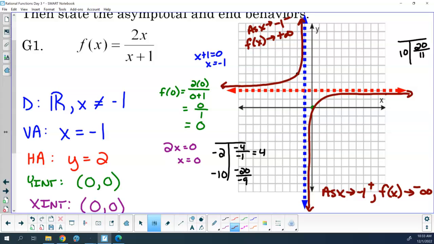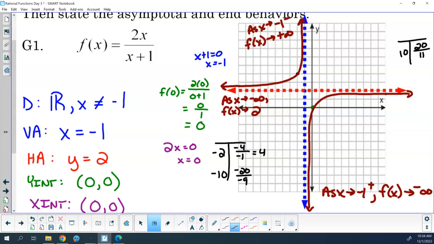Over here would be my end behavior. It's approaching 2 from above or below. Over here, am I above the red line or am I below the red line?